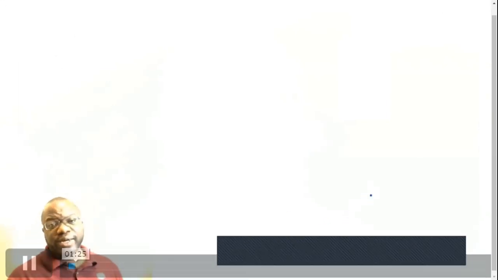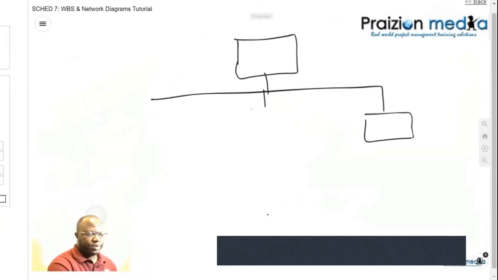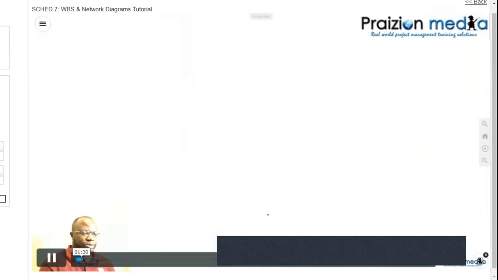Before we get to scheduling, what should have happened? There should have been a work breakdown structure. Theoretically speaking, I know it doesn't happen in the real world like this all the time, but the idea is there's a WBS and it breaks the work down into work packages.